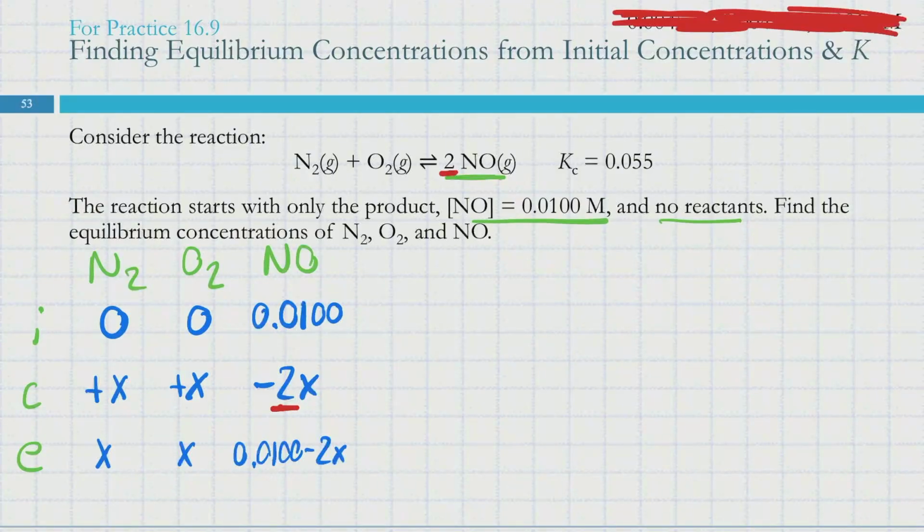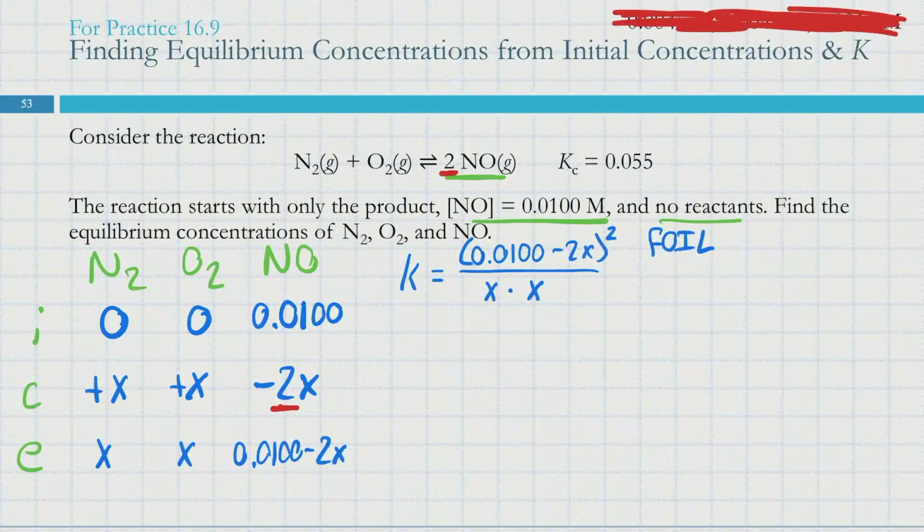So we can plug these all in. K is 0.0100 minus 2x, and that is squared. That whole term is squared over x times x. So that'll also be x squared. So we get to use our old friend, FOIL.